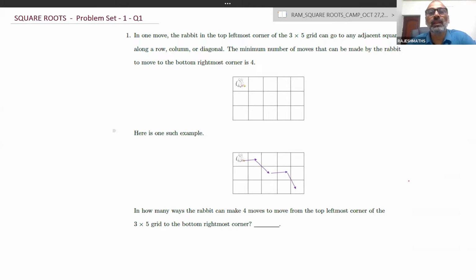The minimum number of moves for the rabbit to reach the bottom rightmost corner is 4. The rabbit is in the top left, and it should go to the bottom right.